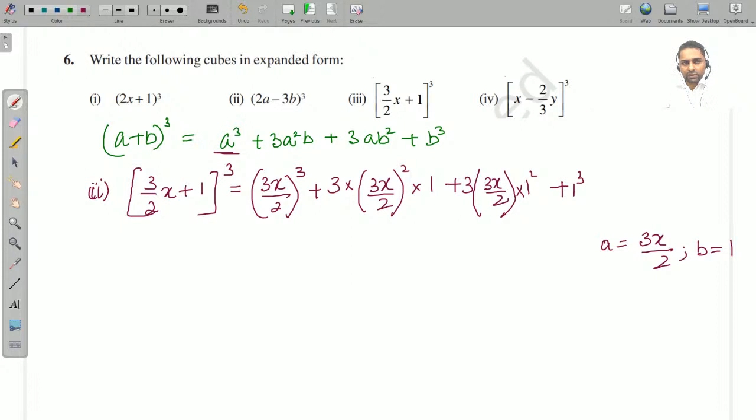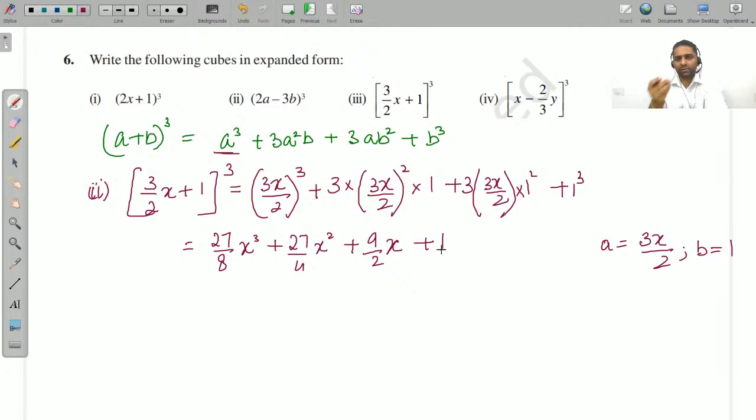So that is equal to 27 upon 8 x cube plus 27 upon 4 x square plus 9 upon 2 x plus 1. That is it. That becomes your answer.